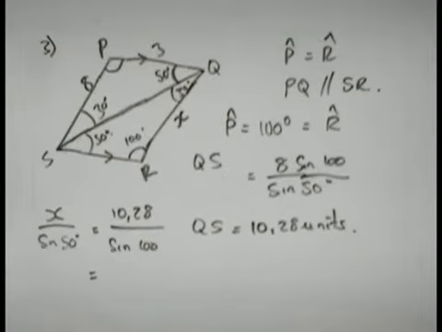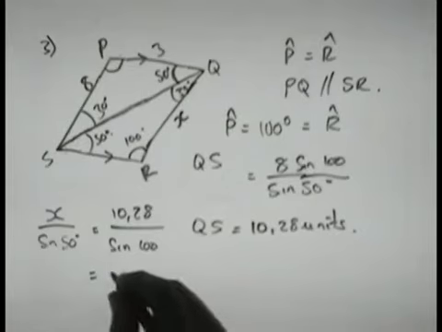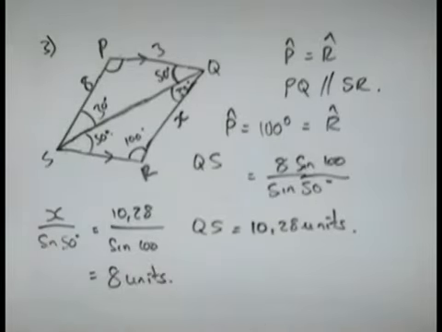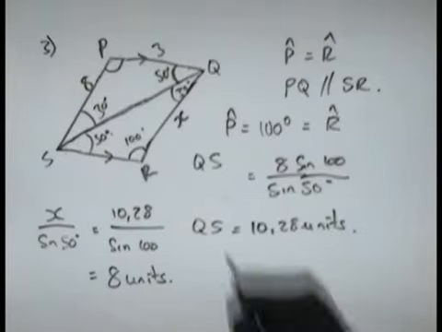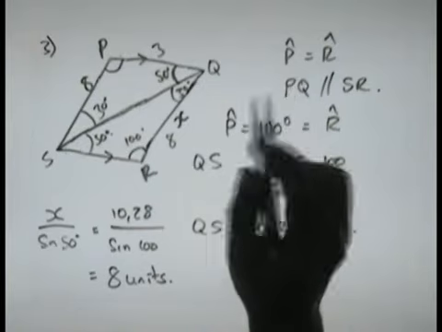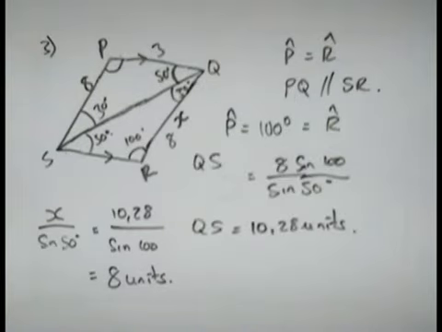So that will be sine 50 times 10.28 divided by sine of 100, which will give me 7.996, which rounds off to be 8 units. That means that side X is equal to 8 units, and I found that out using the sine rule.